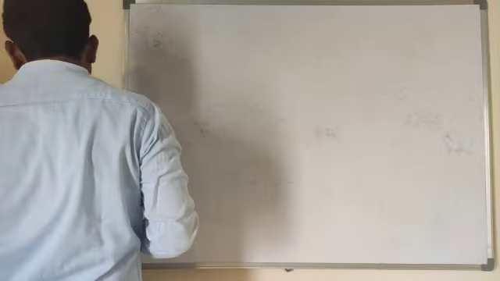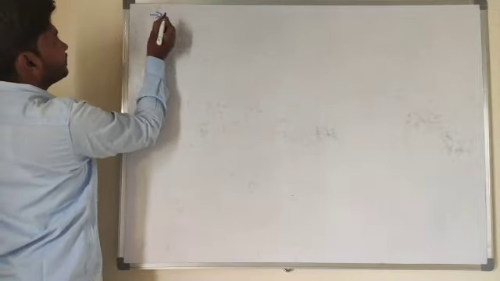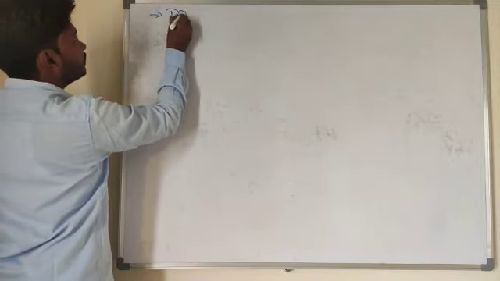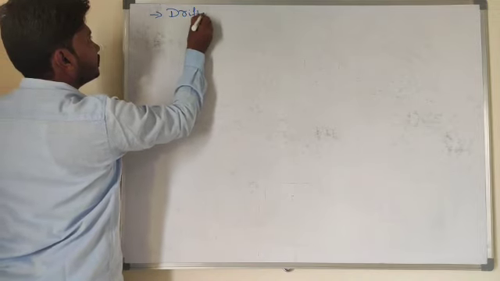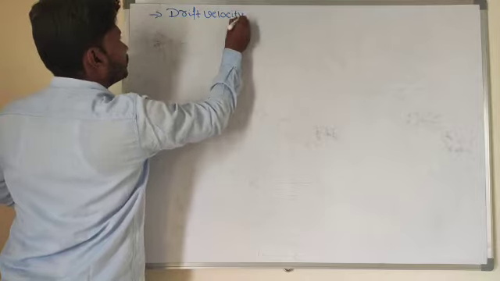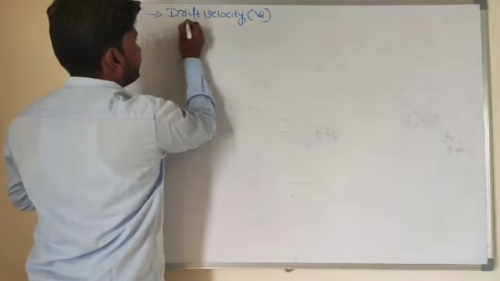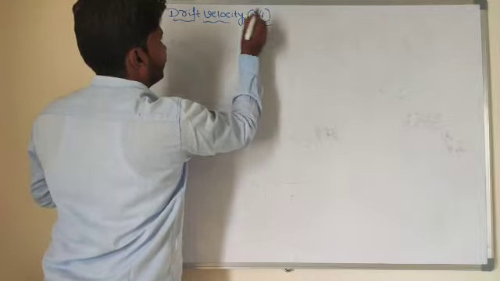Drift velocity is represented by the symbol V of D.